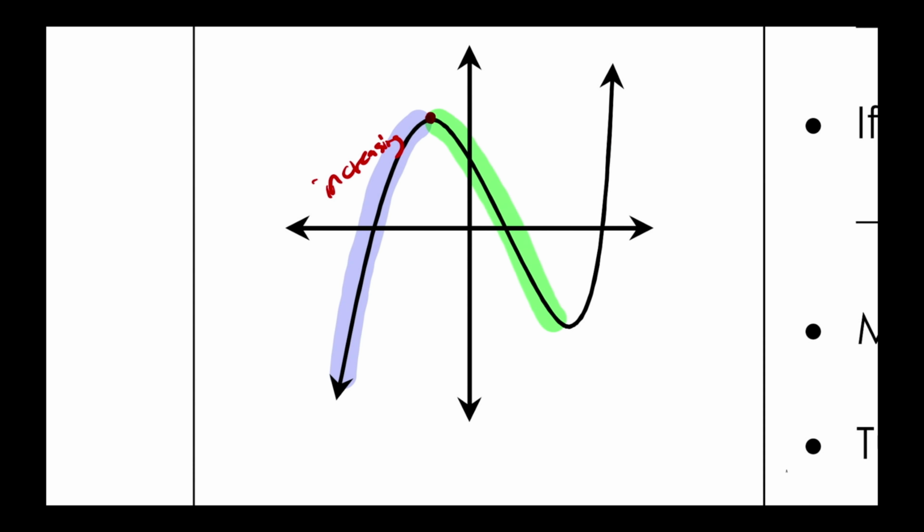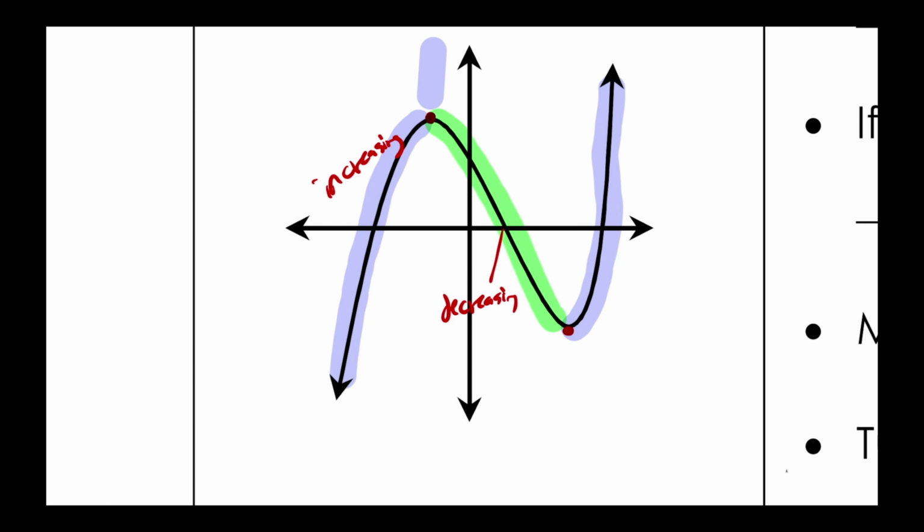It's decreasing. Then we have another turning point, and then now it is increasing again. So one way to describe it is when it begins to curve. Another way to describe it is when the graph changes from increasing to decreasing. Now you see in the purple part, it's increasing, and then the green part is decreasing.